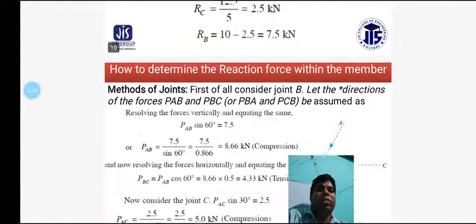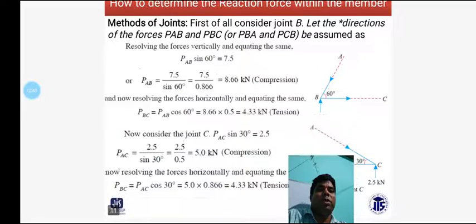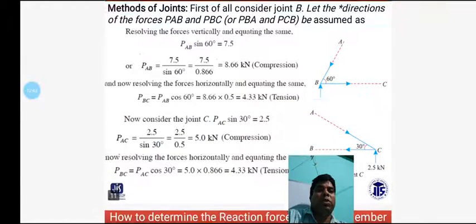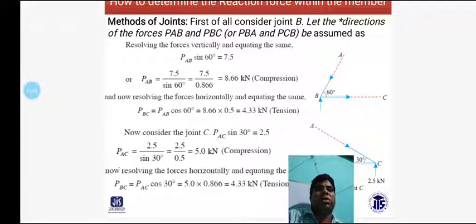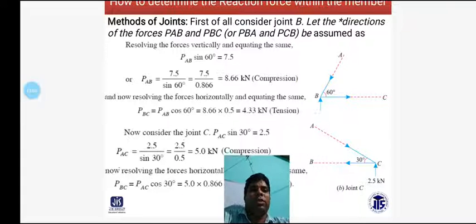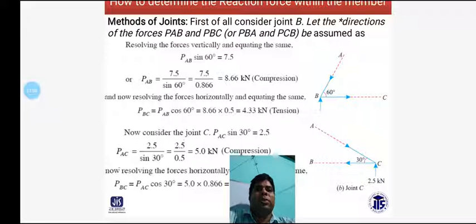So how to determine the reaction force within the member? That means method of joints. First of all, consider the joint B and let the directions of the forces PAB and PBC be assumed. Resolving the forces vertically and equating the same, that means PAB sin 60 is equal to 7.5.